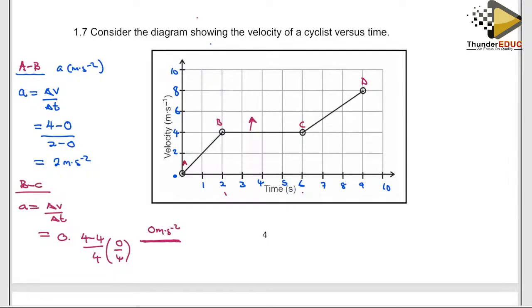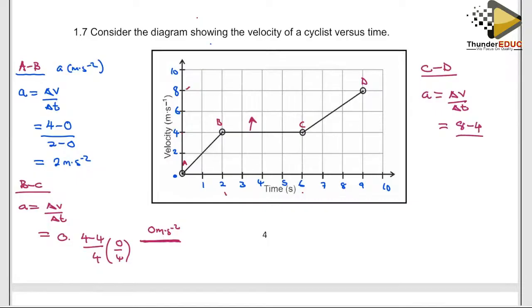Then between C and D, what is happening between C and D? Again, my acceleration is changing velocity all over changing time. Therefore, I'm going to say my velocity final there is 8. So I'm going to say 8 minus, then where did I start? I started at 4 there, right? So all over 4, then divided by the time there.